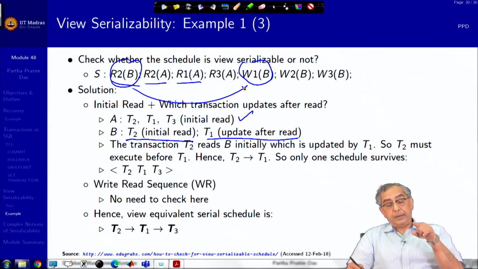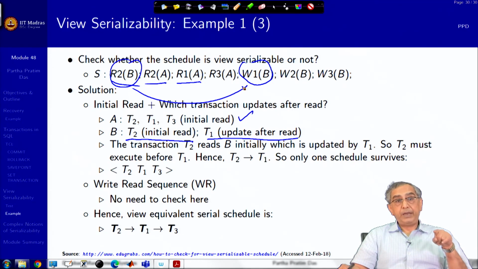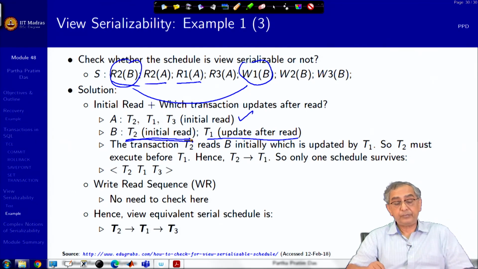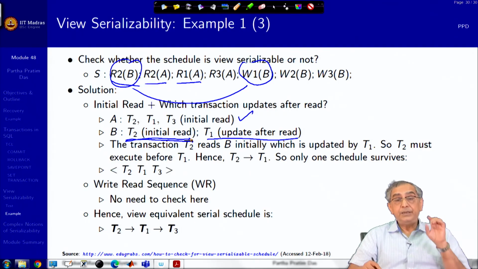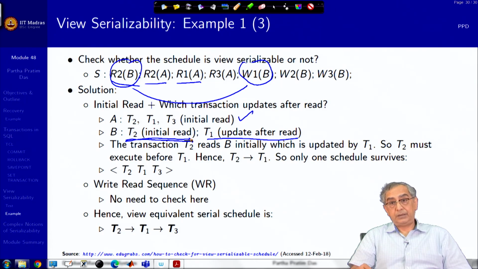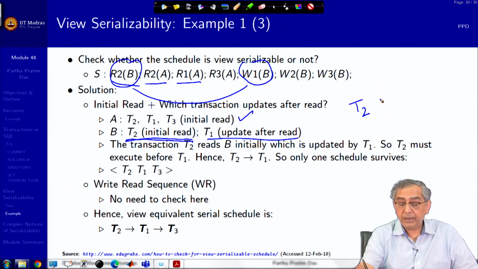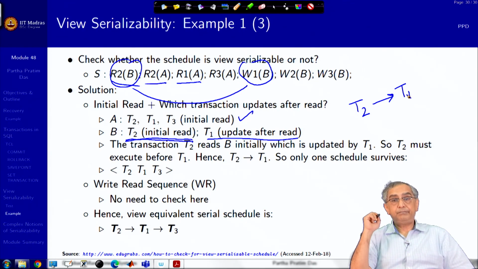So, in my transaction also that has to happen: T2 has to read what T1 writes, which means T2 has to happen before T1 in a serial schedule.